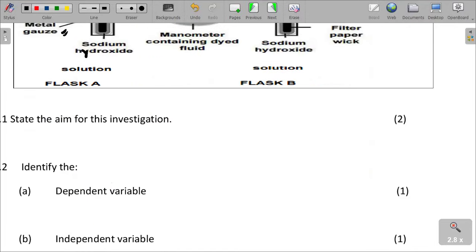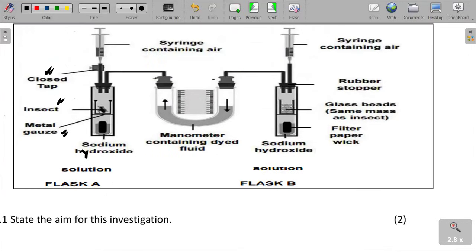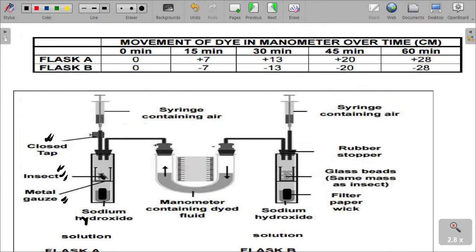air. So the question is saying we are asked to see what is the aim of this investigation. As you can see, there is a living organism here, which is the insect, and we also have the glass beads. So now we need to determine what is the aim of this investigation.